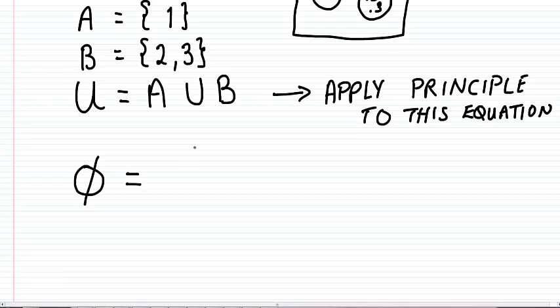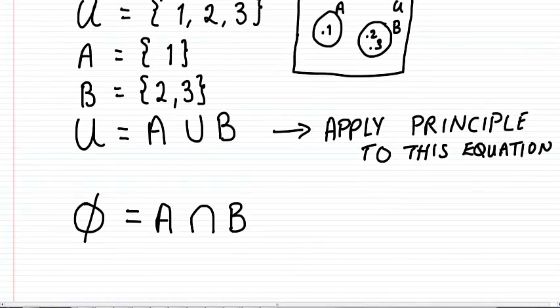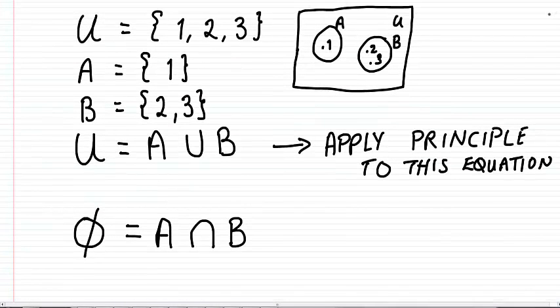We also want to look at the operators involved, and the union operator will be replaced with the intersection operator. So the final equation, applying the principle of duality, will be the null set equals the intersection of A and B. And we can see that from the diagram. Having a look at our Venn diagram, we can see that the sets A and B are disjoint. And remember, for disjoint sets, their intersection is the null set.